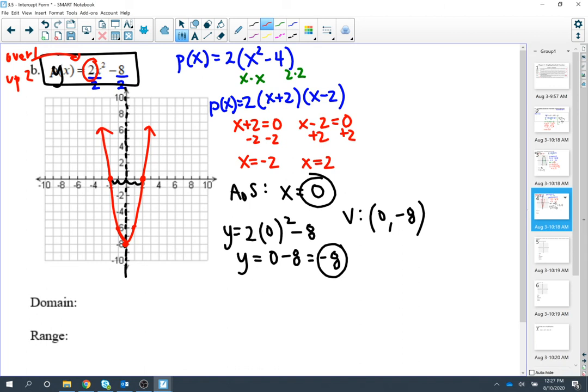And there's your function. Domain, all real numbers. Range, how low? Negative 8 with a bracket. How high? Positive infinity, and we're done.